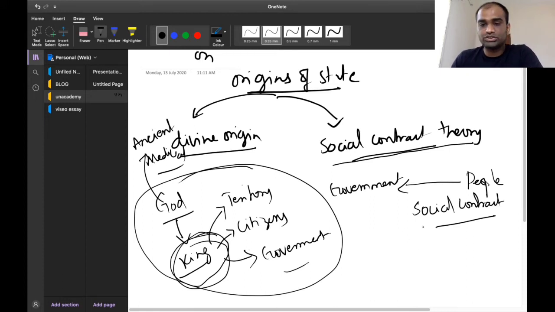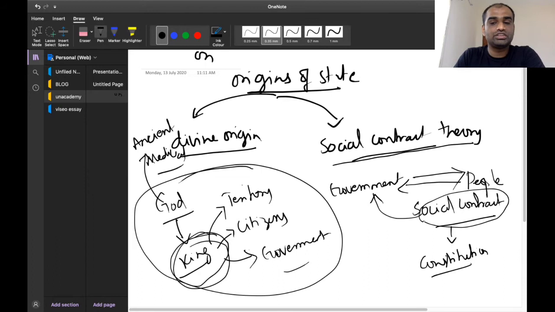This social contract gives the power to the government for governing the people concerned. Clear? This social contract is the one which is popularly termed the constitution.